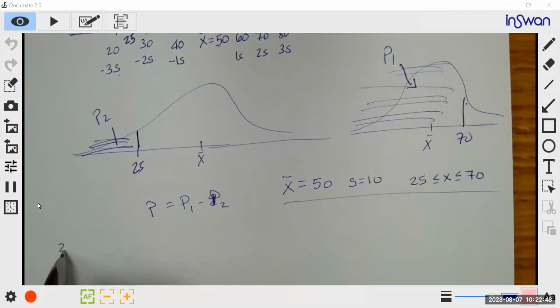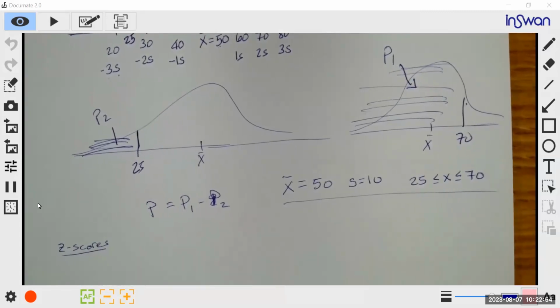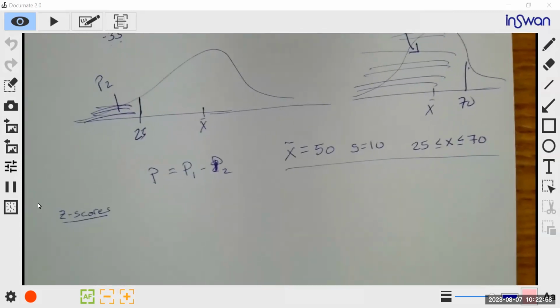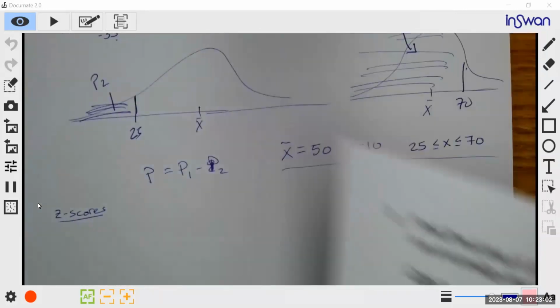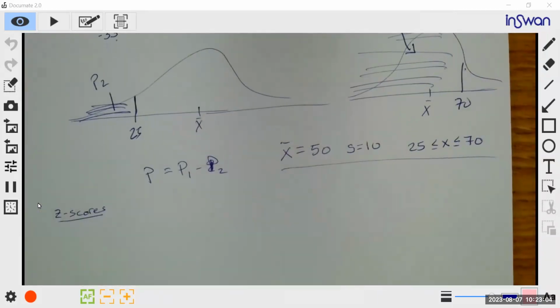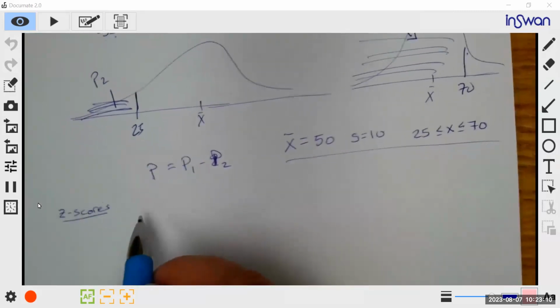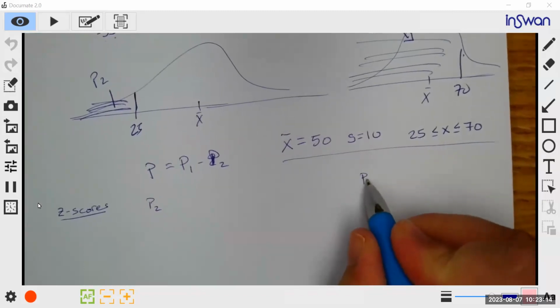Let me give you a hint. We need the z-scores. Because remember what the charts are titled? Negative z-scores, positive z-scores. So we have to know the z-scores. Just use them as they are. So let's look at P2 here and do P1 here.